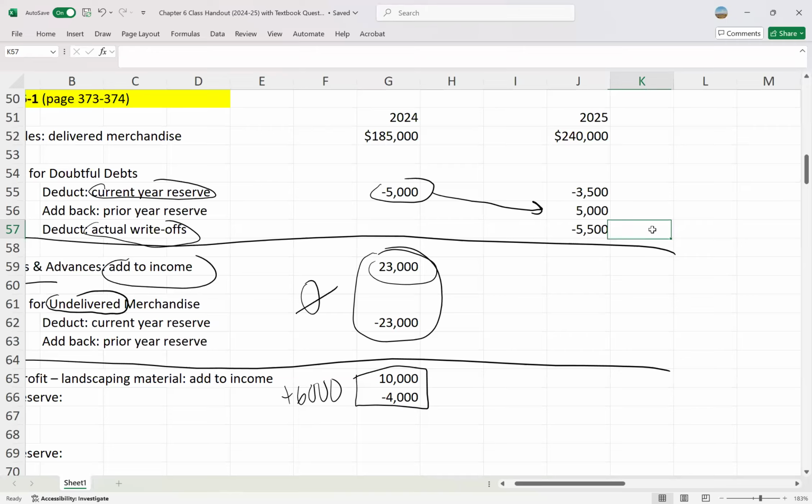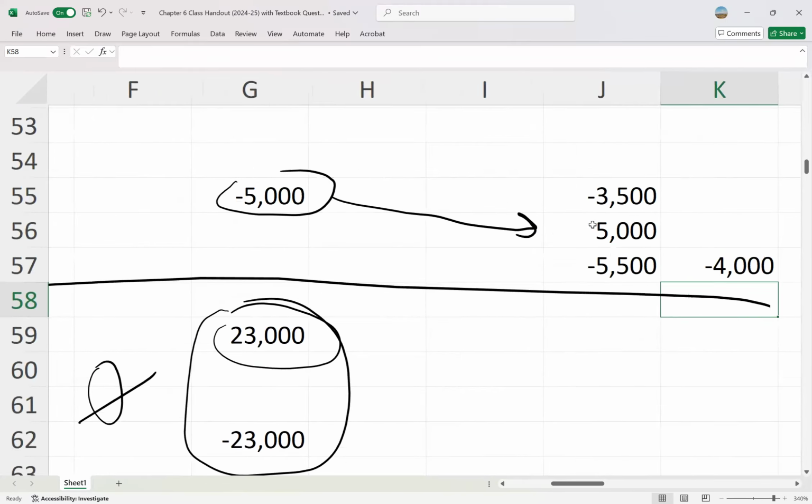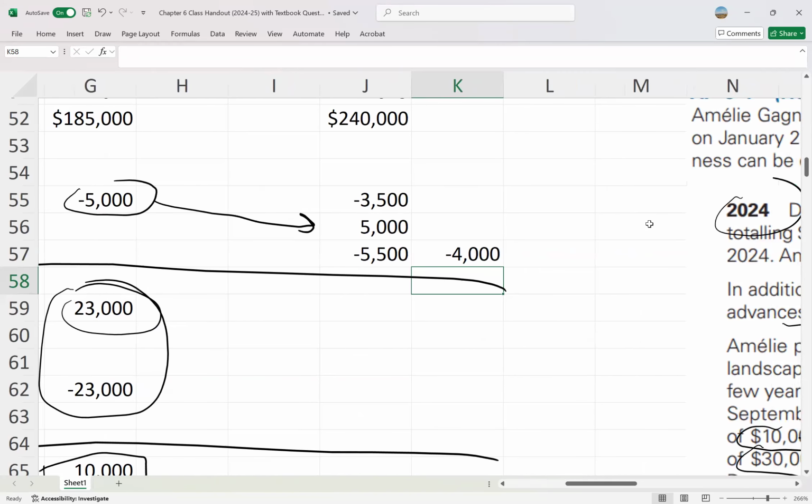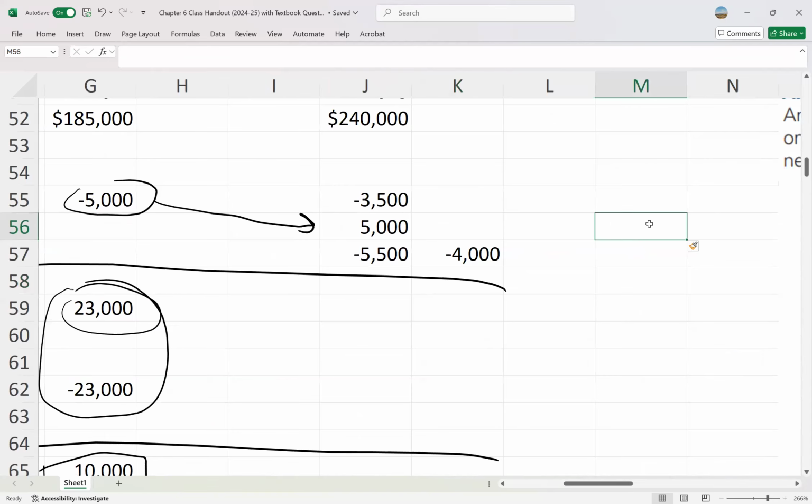If we look at these three amounts here, this results in a deduction of $4,000. I want to just sort of tie this into how this would equal the bad debts expense for accounting purposes. So let me just sort of put column here. I'm just going to set up a T account.